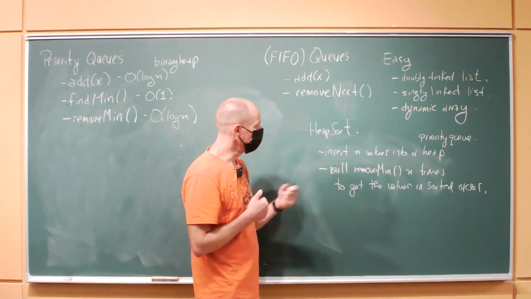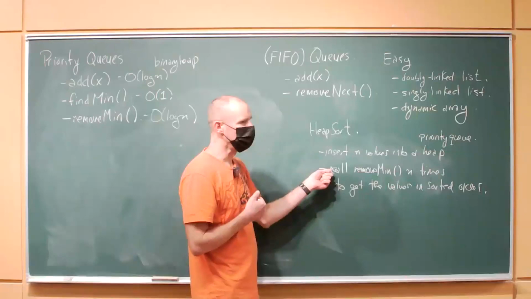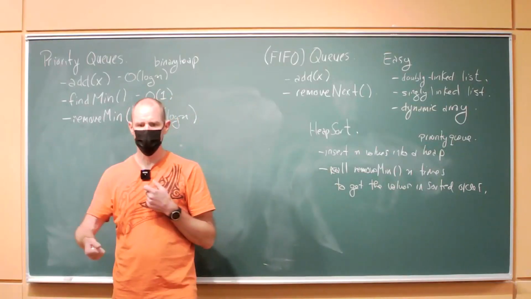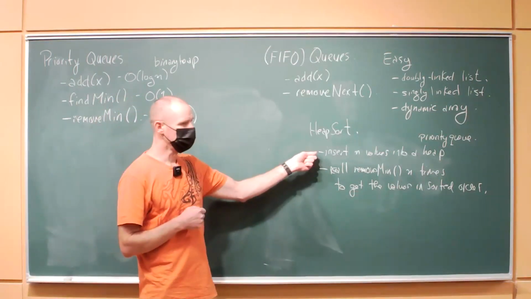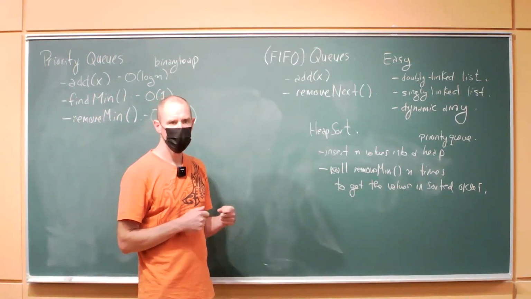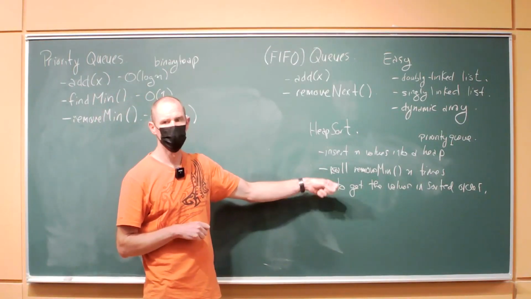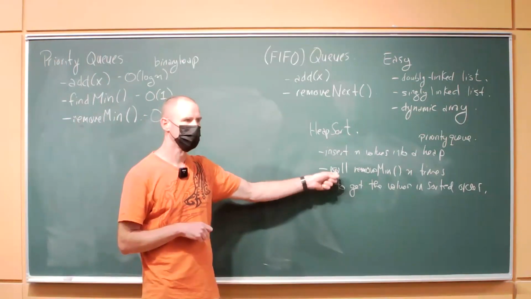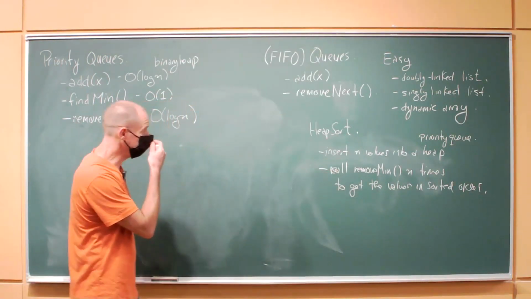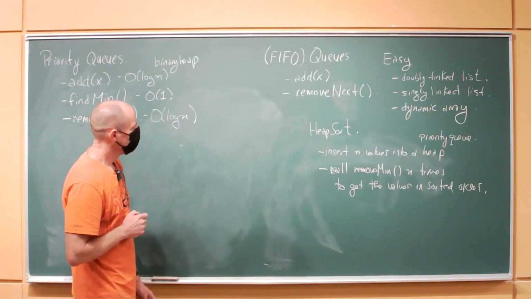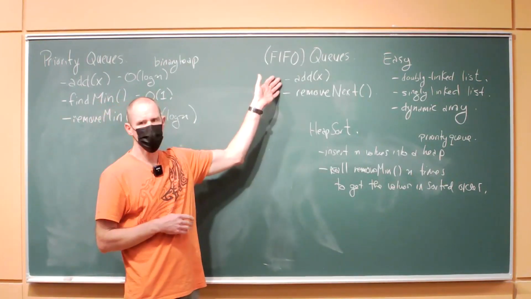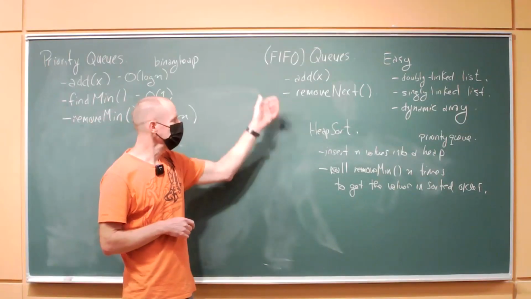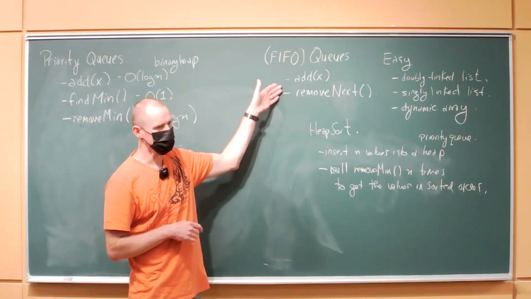Then you call remove min n times. The first thing returned by remove min will be the first thing that you inserted, the second thing returned will be the second thing that you inserted, and so on. In that case, you didn't need a heap. A queue does that, and queues do these operations in constant time.